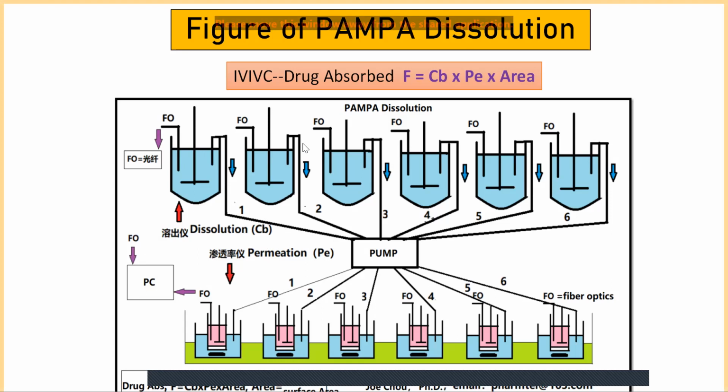This IVIVC model was validated 30 years ago by a number of scientists. So we understand that the dissolution gives one parameter and the permeation gives the other. Since we can control these two parameters well, you can mimic the GI tract by placing your reference drug in vessels 1, 2, 3 and your test drug in vessels 4, 5, 6.